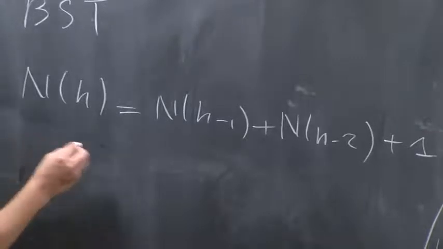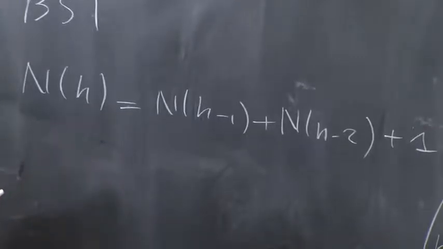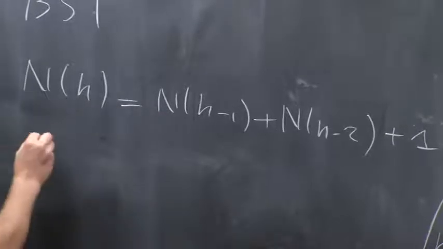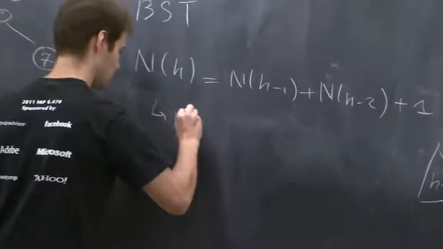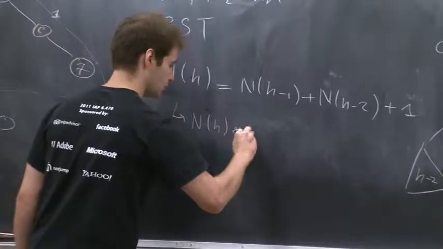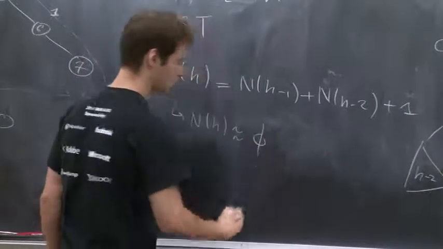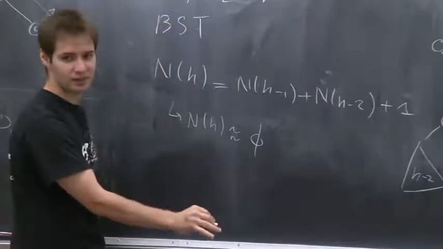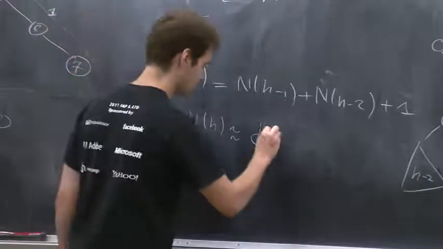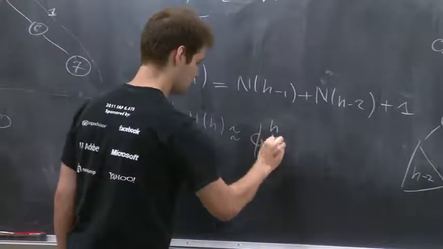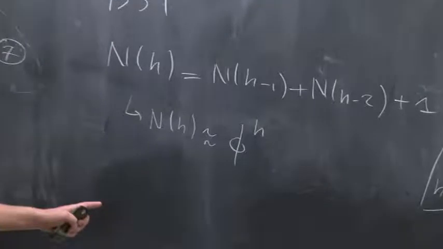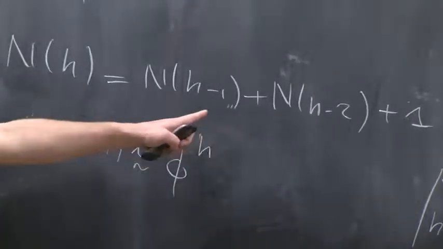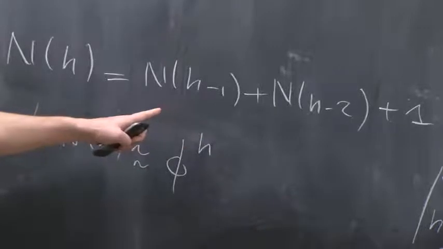Okay, so I'm not going to solve this now. We learned how to solve recurrences a long time ago, so I'll pretend I still remember how to do that, and I will tell you that the solution looks something like this. n of h is roughly phi, which is the magic number that we talked about in lecture, to the h. Roughly, which means there might be some things there that I forgot. So what really matters is that it's an exponential in h. If you look at these, this is close to the Fibonacci number formula, right?